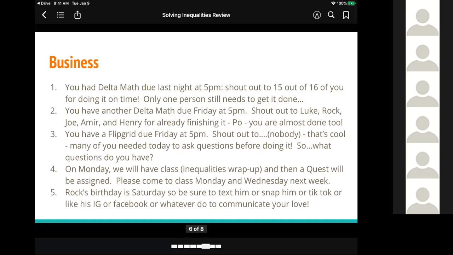And then Wednesday, we'll come to class. We're going to do a couple things, and then we'll have a small, it's more of a reflection assignment. It's not a major project or anything. So the only major thing you have left is your work this week. You have a Delta Math and a Flipgrid due Friday.